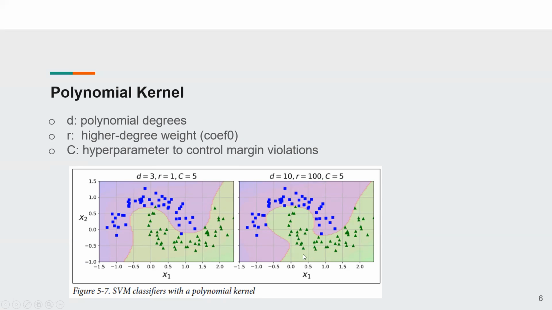As a result, you can see the second decision boundary is more curved compared to the first one. And also as a result, the model is able to differentiate those two classes slightly better on the right-hand side.